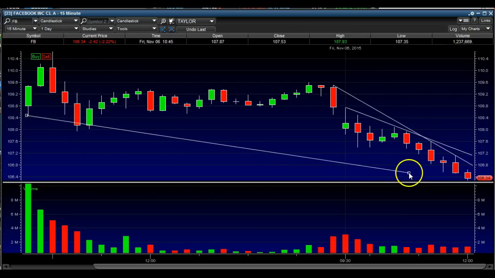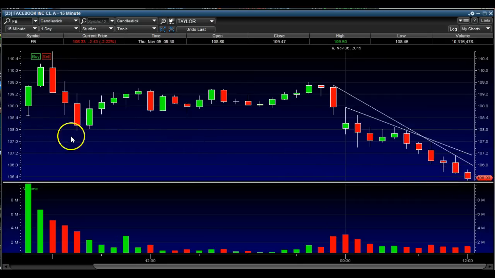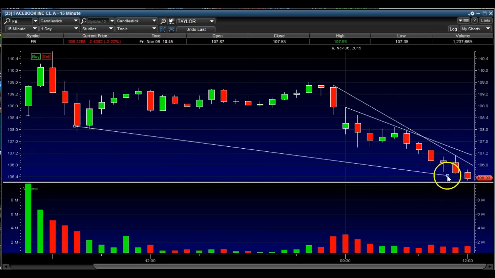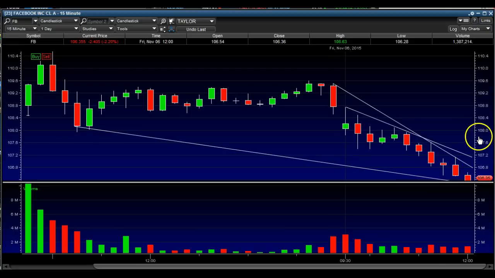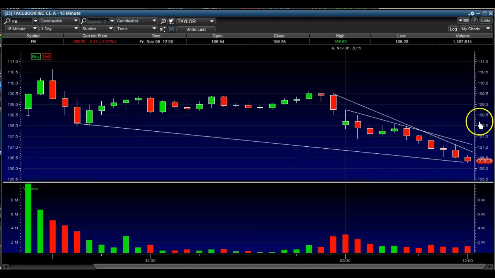I'm looking for maybe a falling wedge type pattern. Kind of works. But again, Facebook's not looking good. It's got support at 104.80, but you might be able to get a little bit of a bounce if you can break over these trend lines right there.